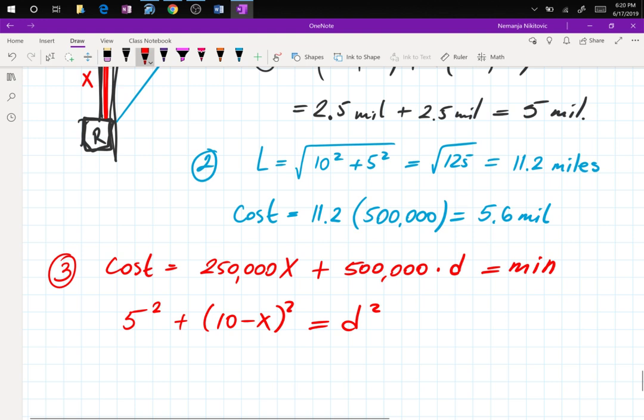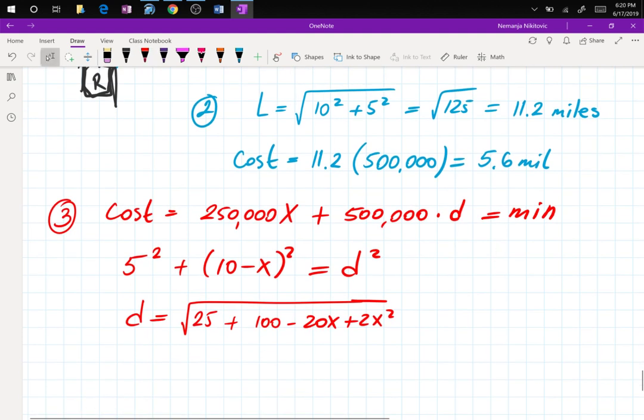So let's go. d is equal to the square root of 25 plus, and now we expand this one, which is 100 minus 20x plus x squared. You're right, it's just x squared. d equals the square root of x squared minus 20x plus 125.